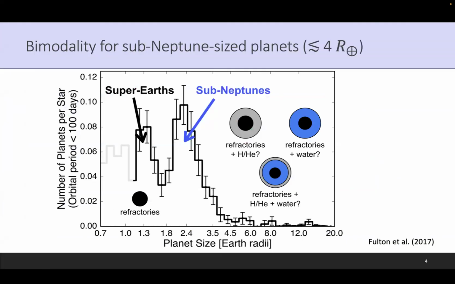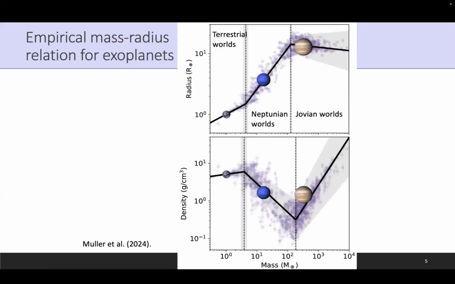So there are a lot of unsolved mysteries in this field. For example, the famous photoevaporation valley, seeing the bimodality for sub-Neptune-sized planets, with super Earths and sub-Neptunes. And also there are different types of planets with different densities, radius, and mass. For example, Earth-like planets, rocky planets, Neptunian worlds, and also gas giants.